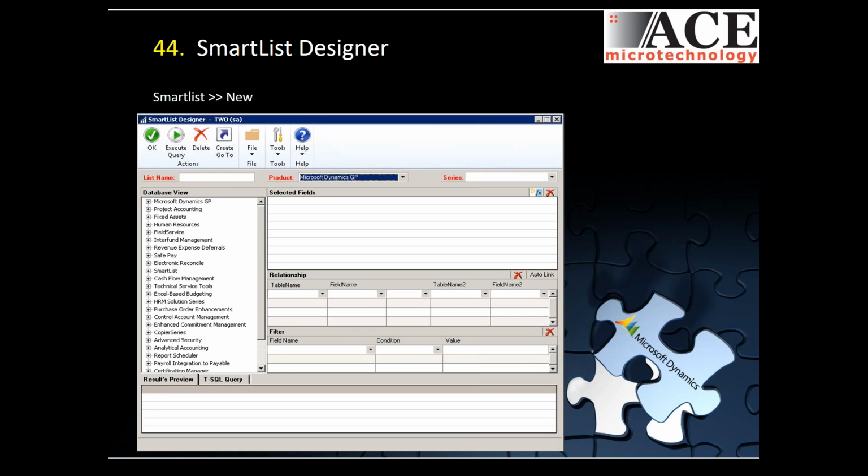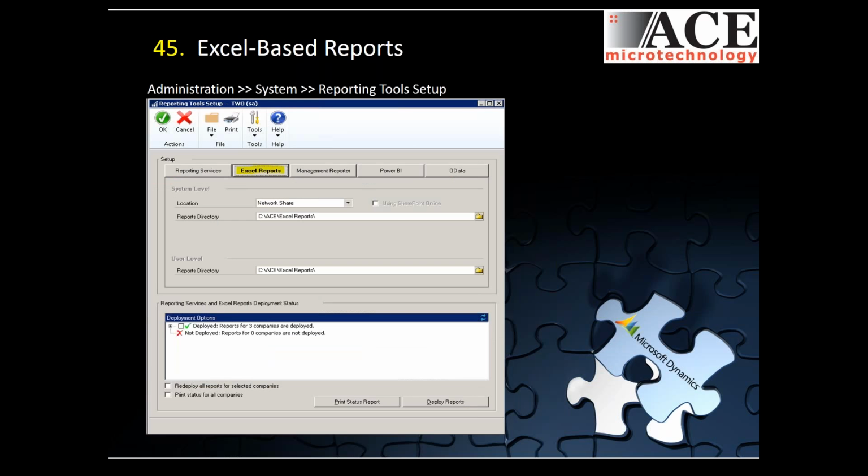The names are not SQL names, they're more friendly names that you can pick and choose and create custom smart lists that maybe cross tables or even cross modules. So with some practice and some training, you can be doing this yourself and creating some really great reports that are already filtered or even have some calculations in them.